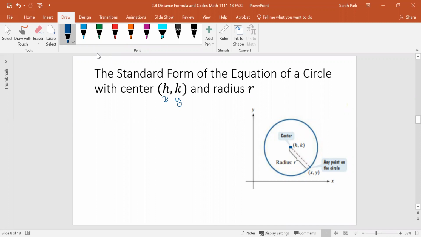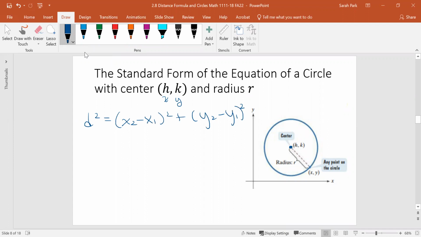Okay, so if you think about the distance, this is the r's distance. And the distance formula is d squared equals x2 minus x1 squared plus y2 minus y1 squared.